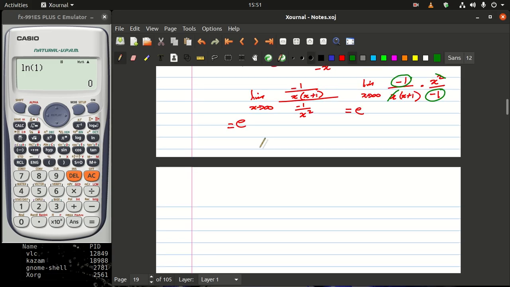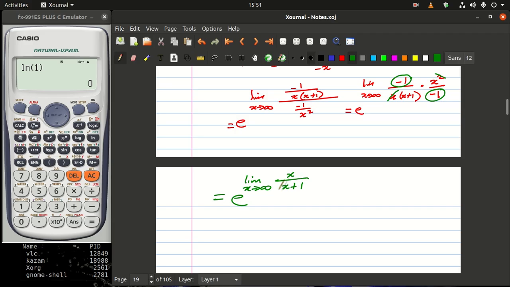So this whole thing is going to be e raised to the limit as x approaches infinity, and in the numerator I'm just having an x, because I have this one and that one is gone, and in the denominator I'm only left with x plus 1.